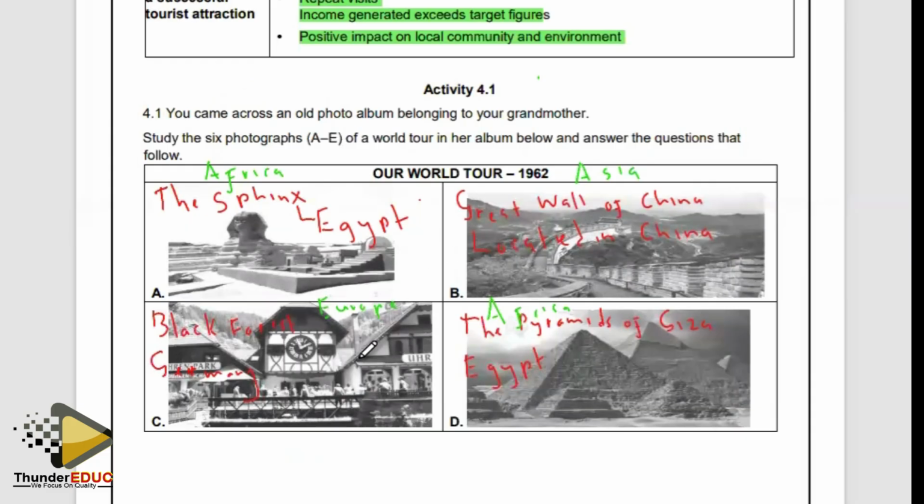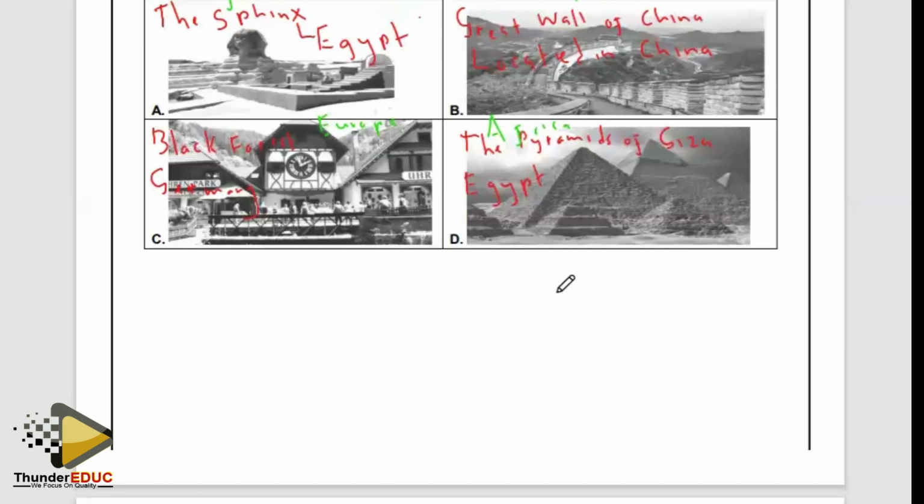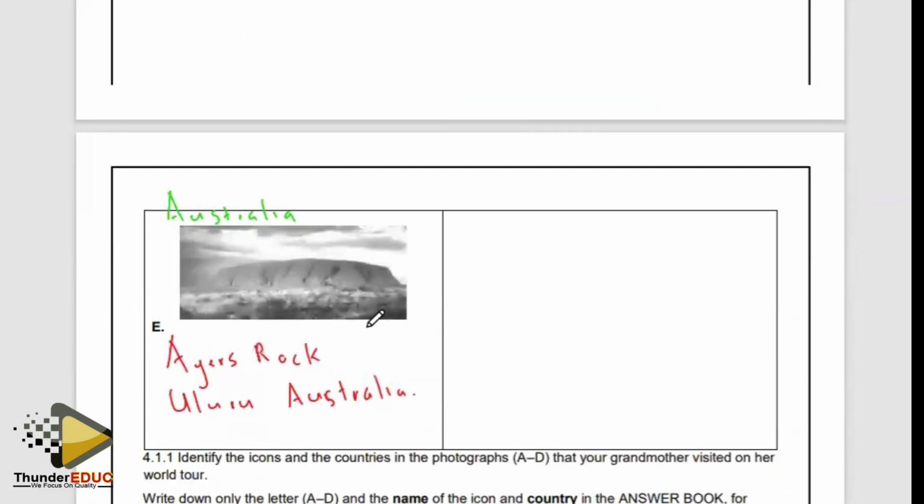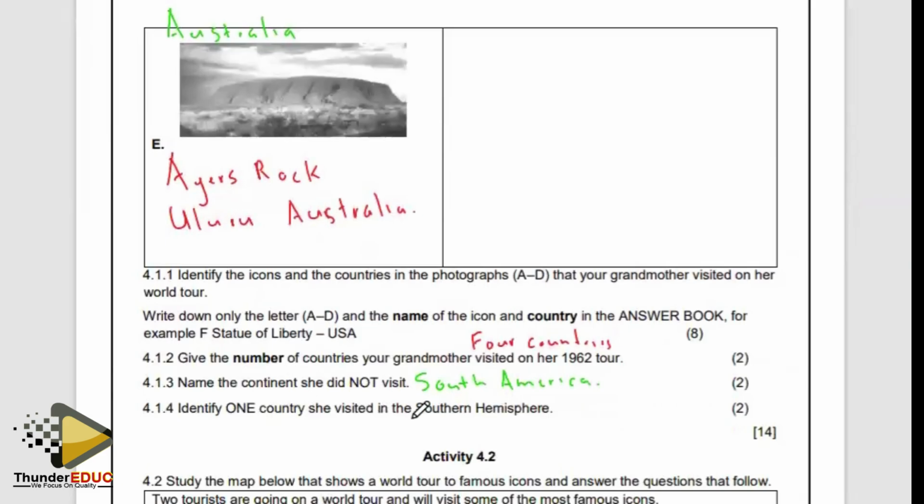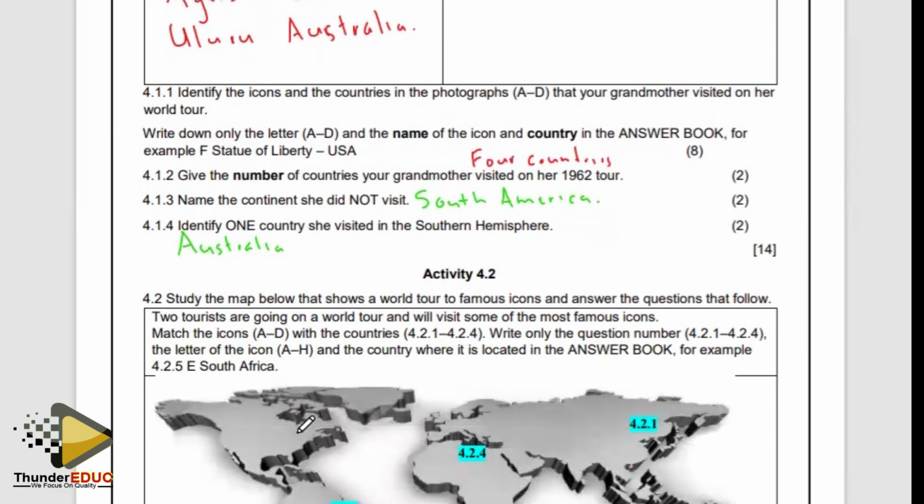Then the Black Forest in the Northern Hemisphere. The Pyramids of Giza in the Northern Hemisphere. Then when we come to Australia, the Ayers Rock, this one is located in the southern hemisphere. So Australia is located in the southern hemisphere. Moving on to the next question.